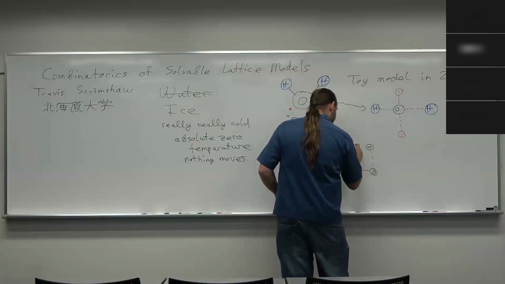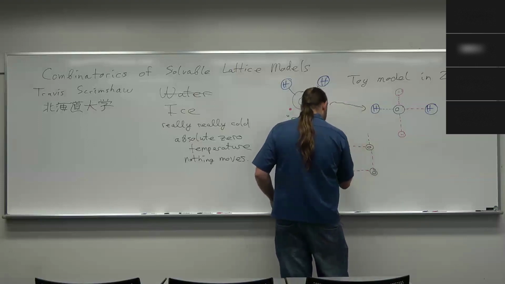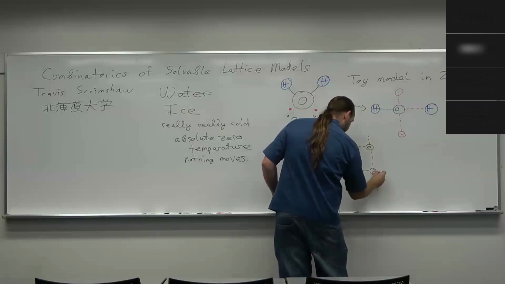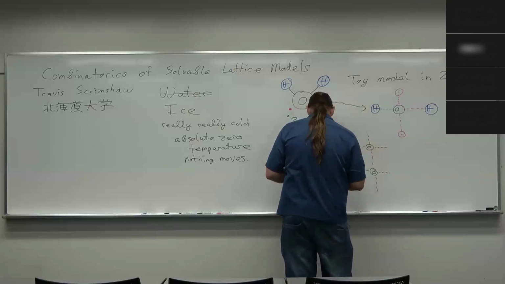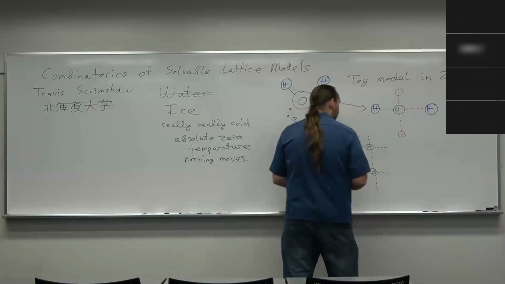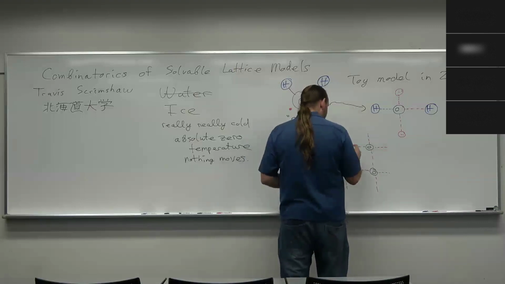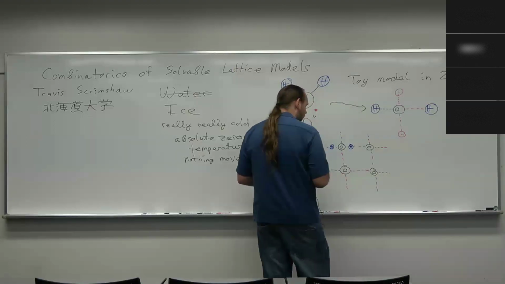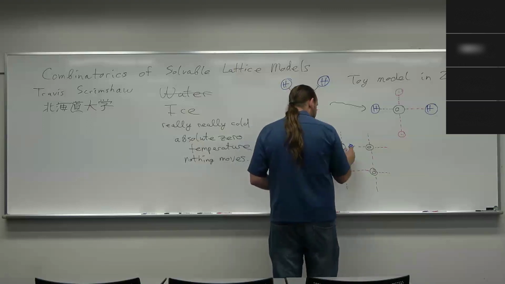So I'm putting things together in this grid. And then every oxygen is going to have some hydrogens associated to it, and it's going to have 2 of them.